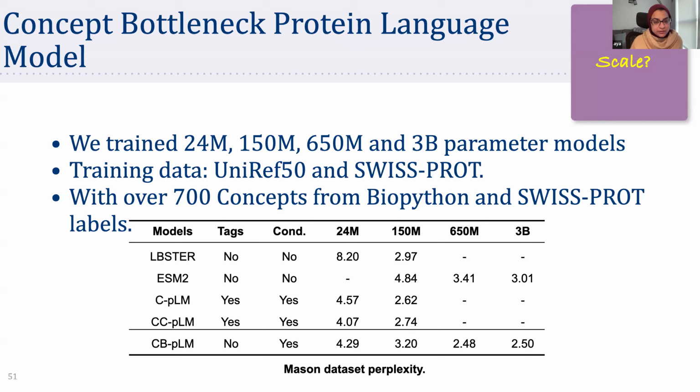When we compare the perplexity of our model with other models, the last one, the concept bottleneck protein language model, you can see that it is comparable to the ESM2 series that don't have concepts in them. So we can scale, and we do not lose quality.